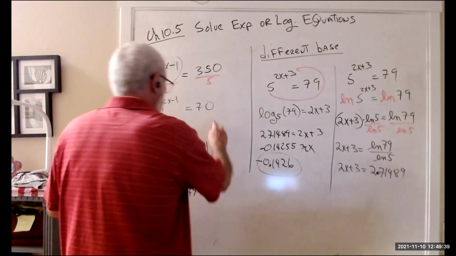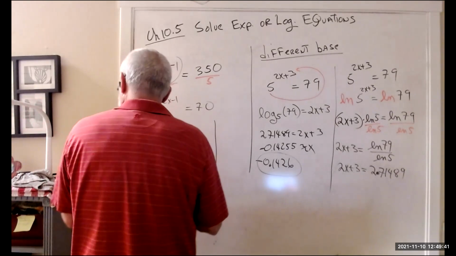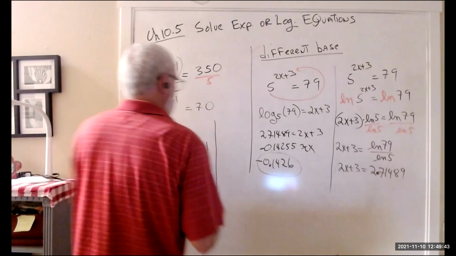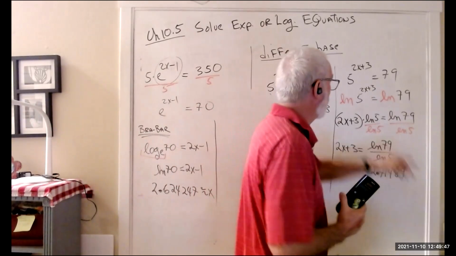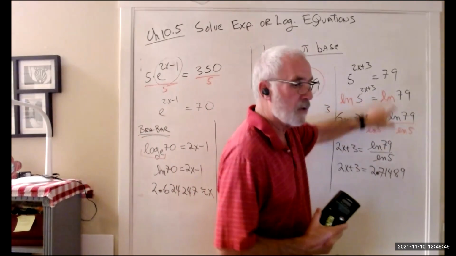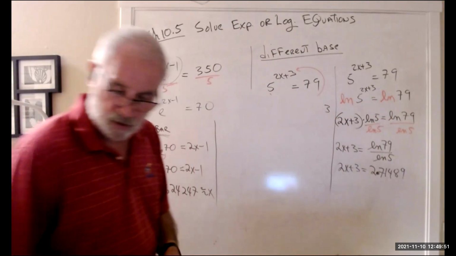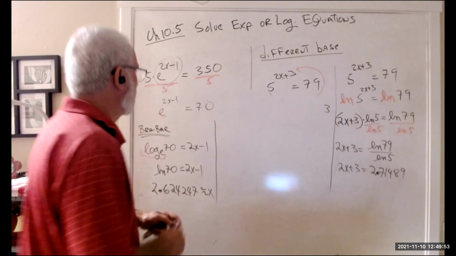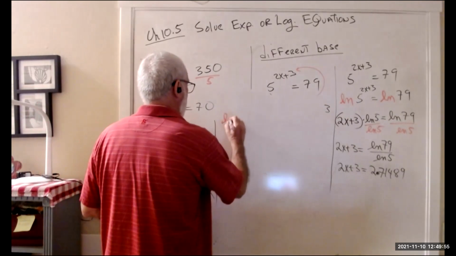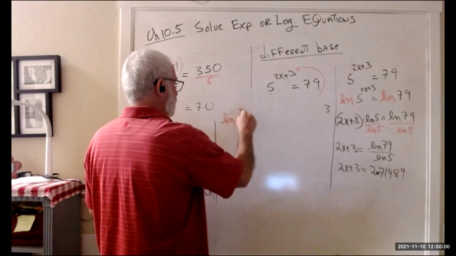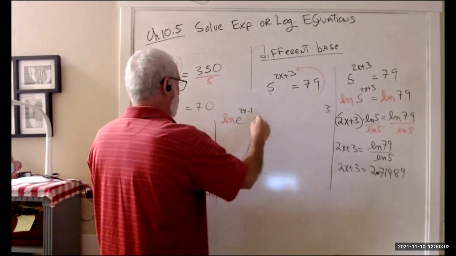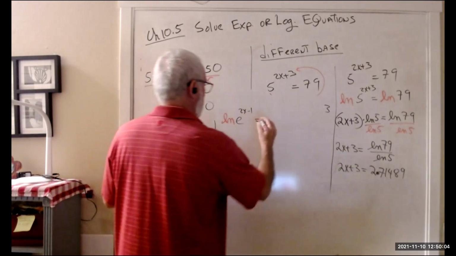Okay, alternate way. Remember what I did over here? I took the ln of both sides. So if I take the same problem and I take the ln of both sides, so the ln of e to the 2x minus 1 equals the ln of 70.